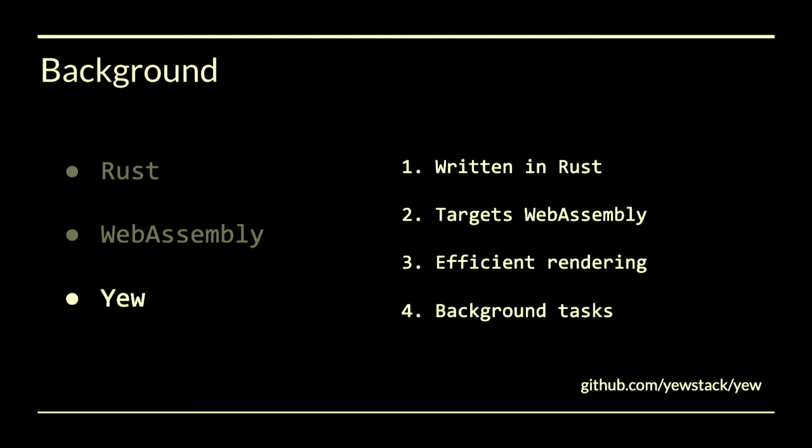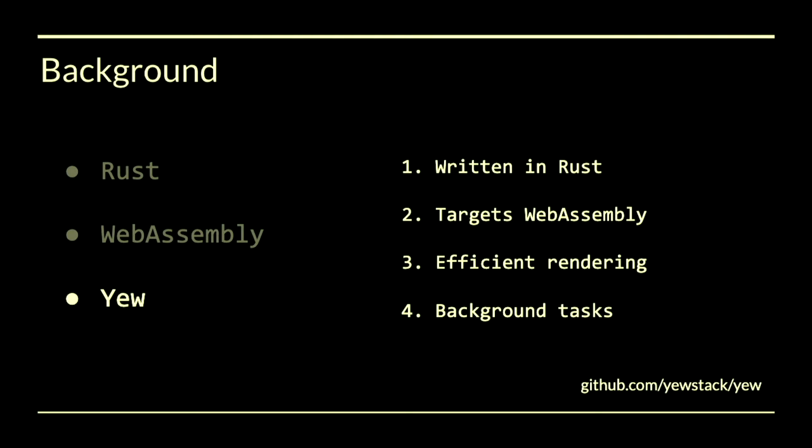Well, you get nice, efficient rendering. Yew uses a virtual DOM, which means it keeps a copy of what is currently displayed on the screen. When your app updates to a new view, say a counter updated, it keeps track of what was previously on the screen and what you want to be on the screen.